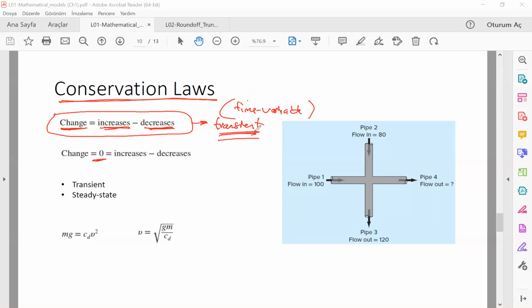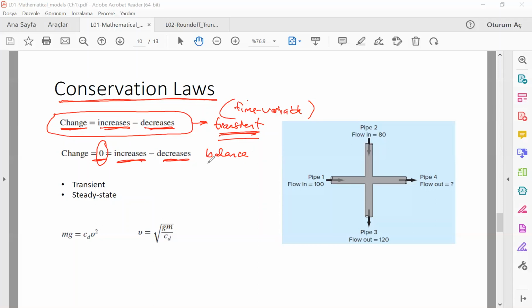If there is a balance, if there is no change, which means that this equation is zero, then the increases equal the decreases, which is the balanced condition.